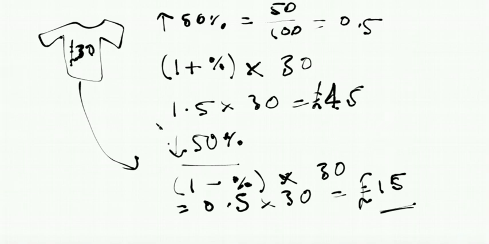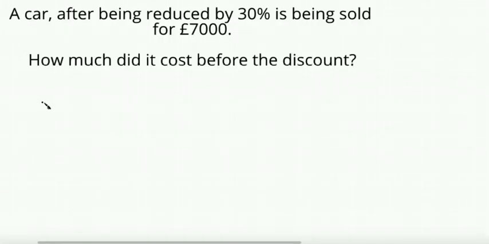Now, this method that I'm showing you is useful for another type of question. Let's take a look at an example of a different type of question you might get. Imagine you have a car which, after being reduced by 30%, is being sold for £7,000.